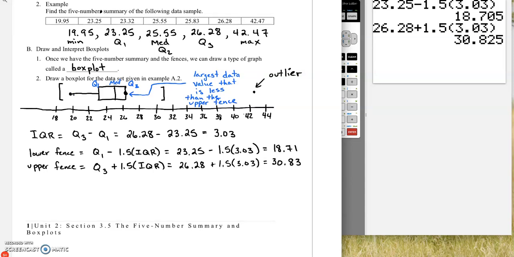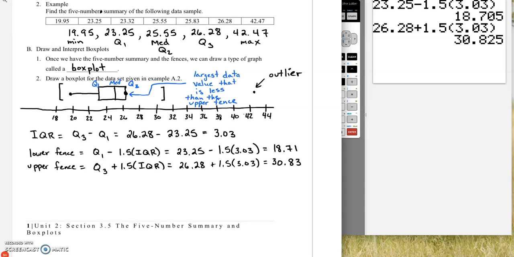If our smallest data value had happened to be out here, then we would have had to use the smallest data value that was bigger than the lower fence to put a point.